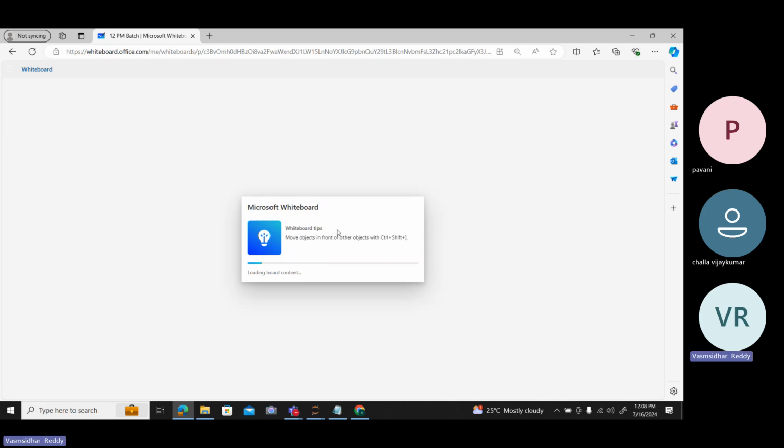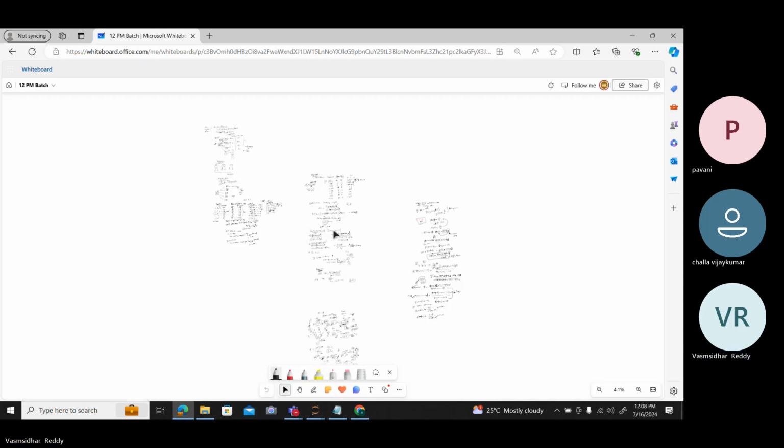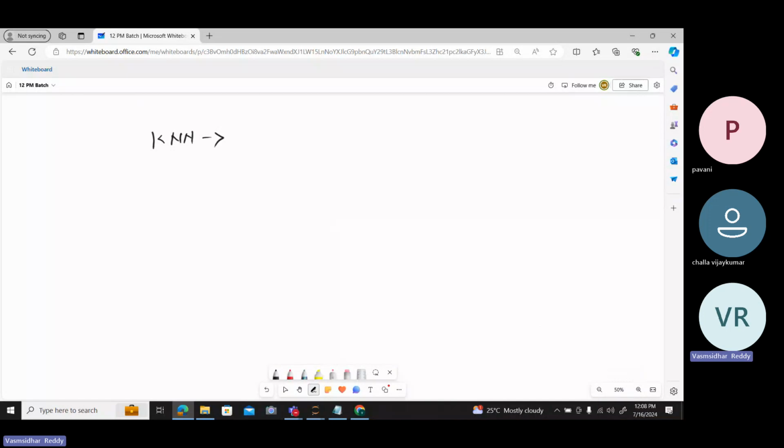So today we are going to discuss one more algorithm, that is KNN. The full form of KNN is K nearest neighbor.